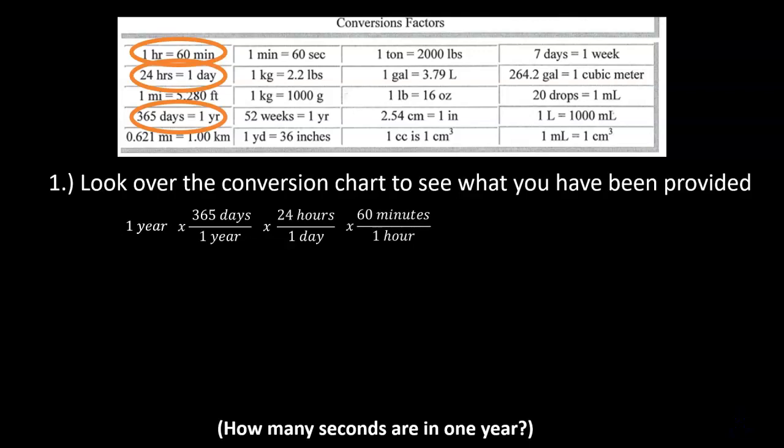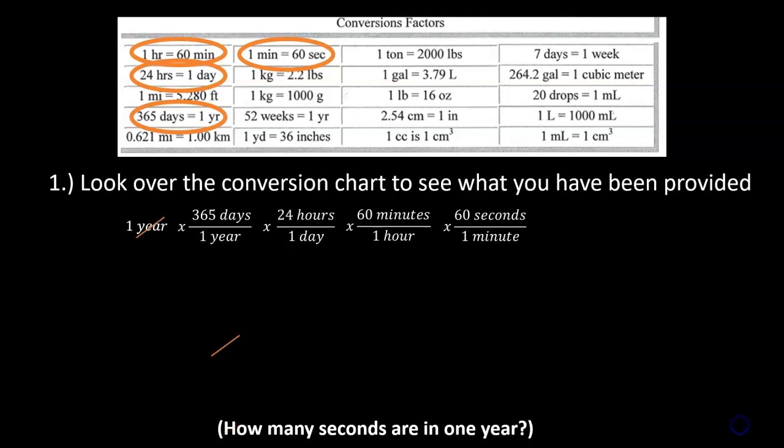So we'll put that on there, as we want to cancel the hour units and have minutes. But really, I'm still wanting to go a step further, and I'm wanting to know how many seconds are in 1 year. So now I see minutes to seconds, and I know that my minutes need to cancel. They're going to go on the bottom, and my seconds are going to be on the top.